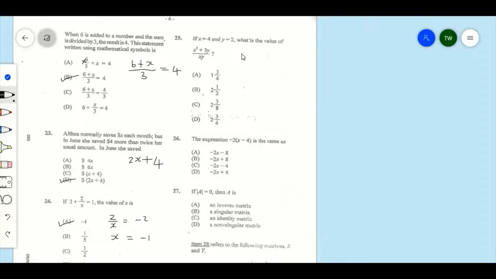So here we have x squared, so that's going to be 4 squared, plus 3 times y, and y is 2 in this case, so it's going to be 3 times 2. All of that divided by xy, so it's going to be 4 times 2.